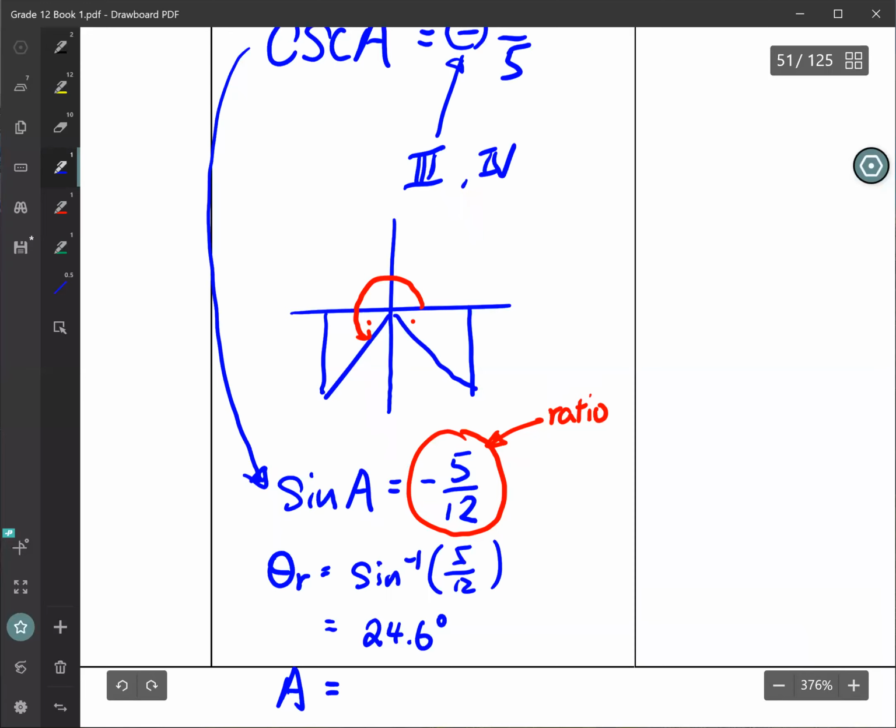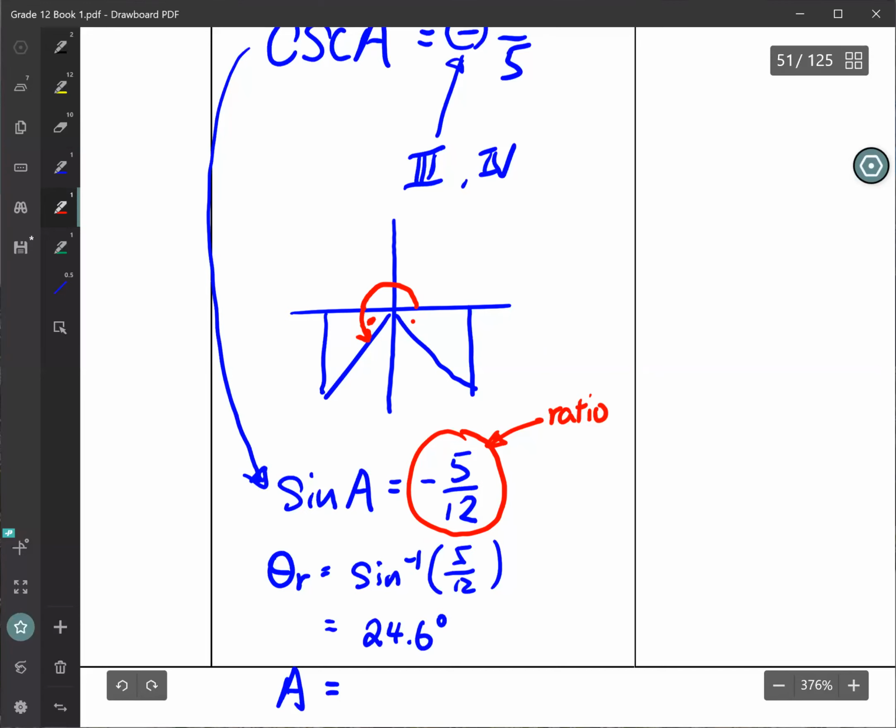Okay, so you have to use 180. Think about the way it turns. Let me erase this line first. You either use the 180 degree or the 360 degree because the reference angle is always with the x-axis. So you would turn 180 degrees and then a little bit more.